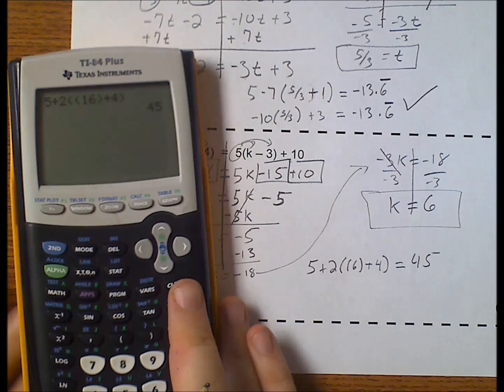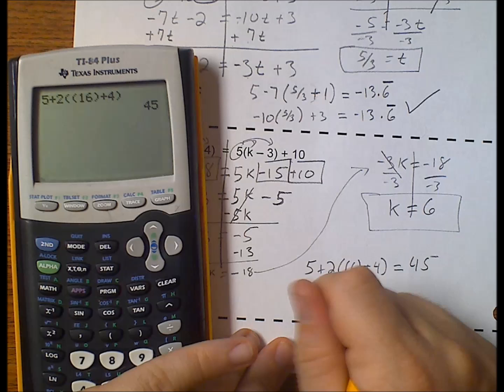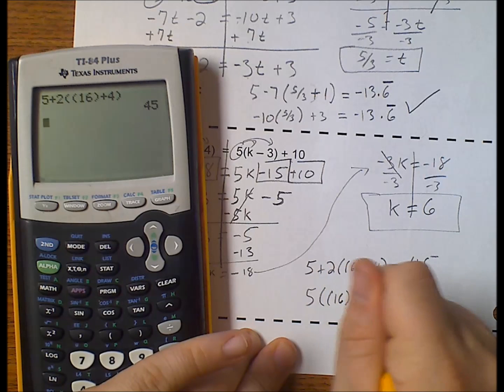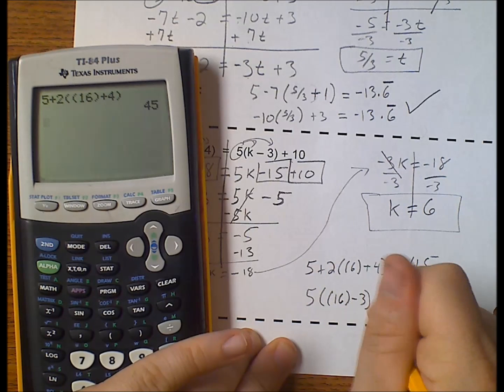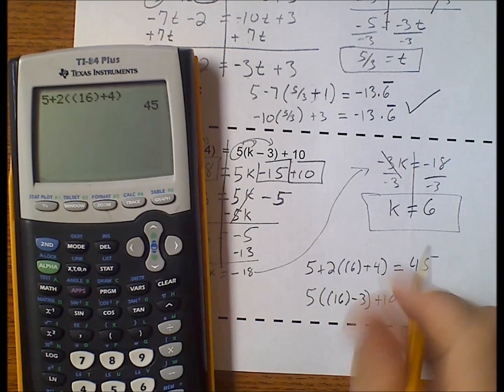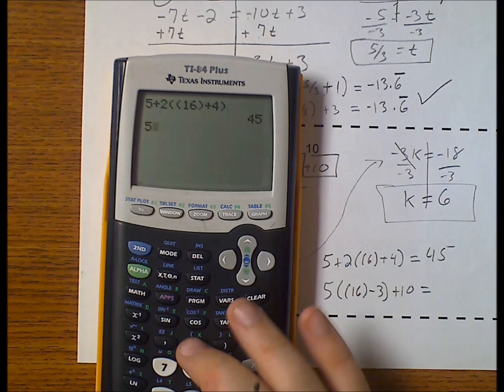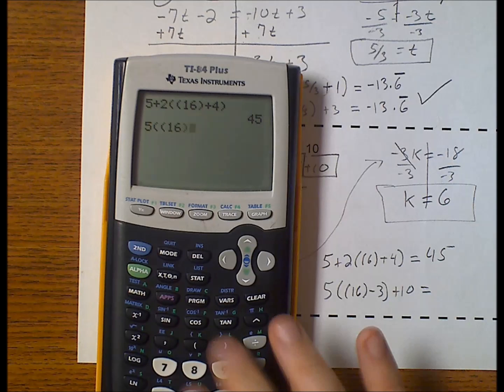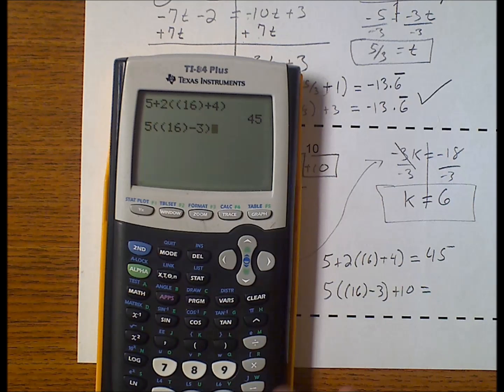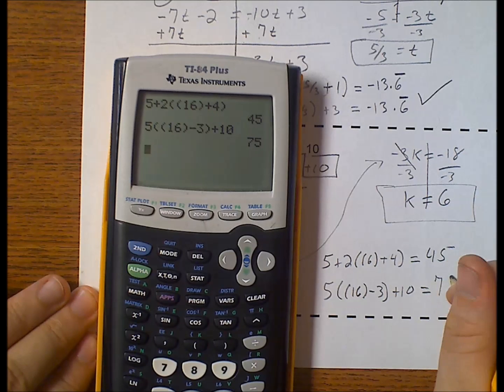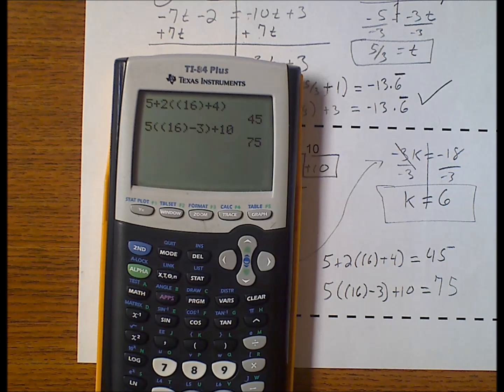And now I do the other side. 5 parentheses 16 minus 3 plus 10, and that gave me a 75.